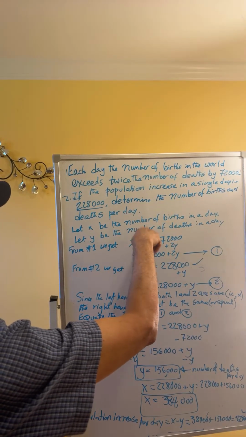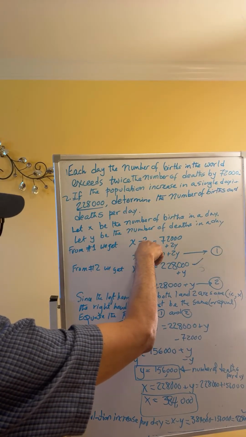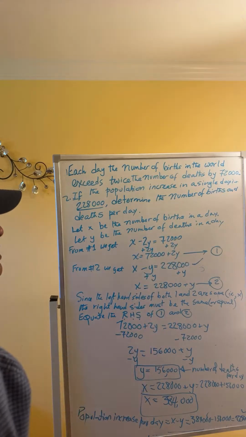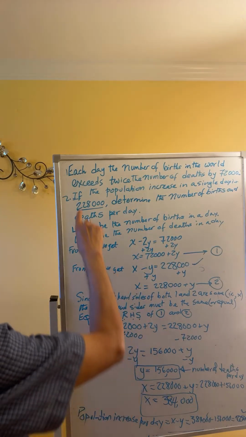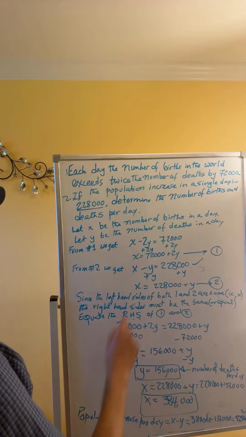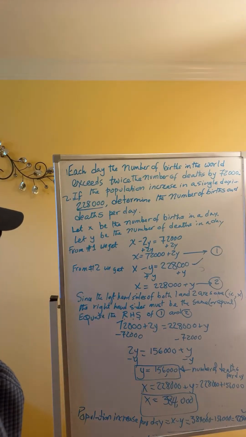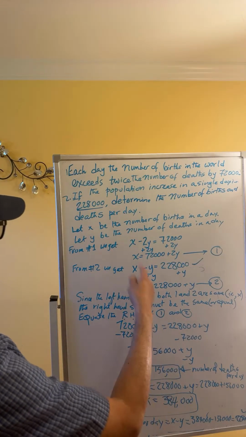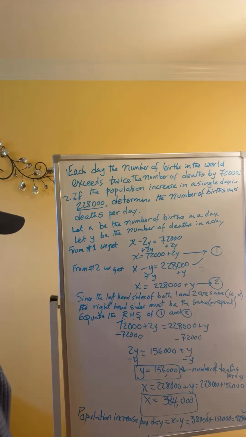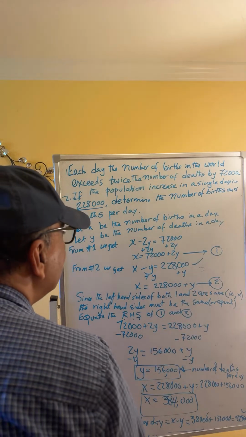If x is the number of births and y is the number of deaths, then x minus 2y, the number of births minus twice the number of deaths, is 72,000. Also, statement number 2, the population increase in a single day is 228,000. That means x minus y is 228,000.